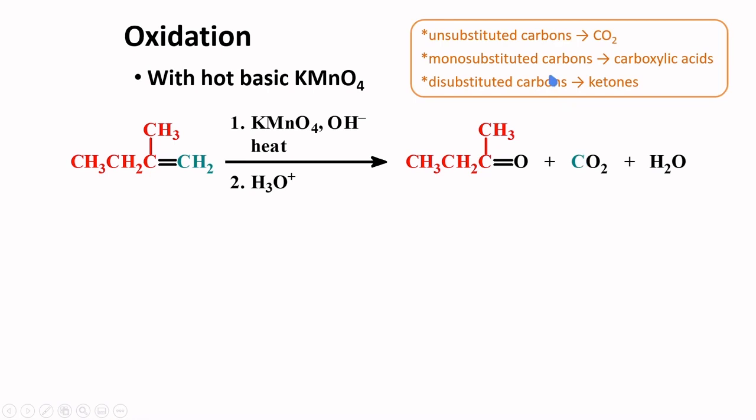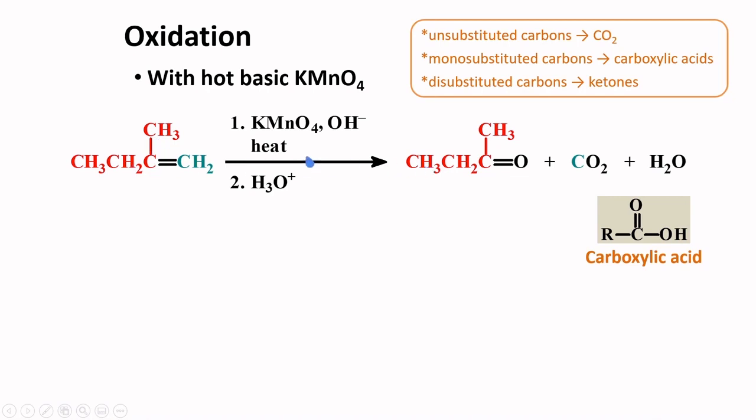Monosubstituted carbons form carboxylic acids, not shown here. Carboxylic acid has this structure, so you just replace R here with the alkyl group substituting the double bond. A disubstituted carbon forms ketones. So here, this carbon is disubstituted and a ketone is formed.